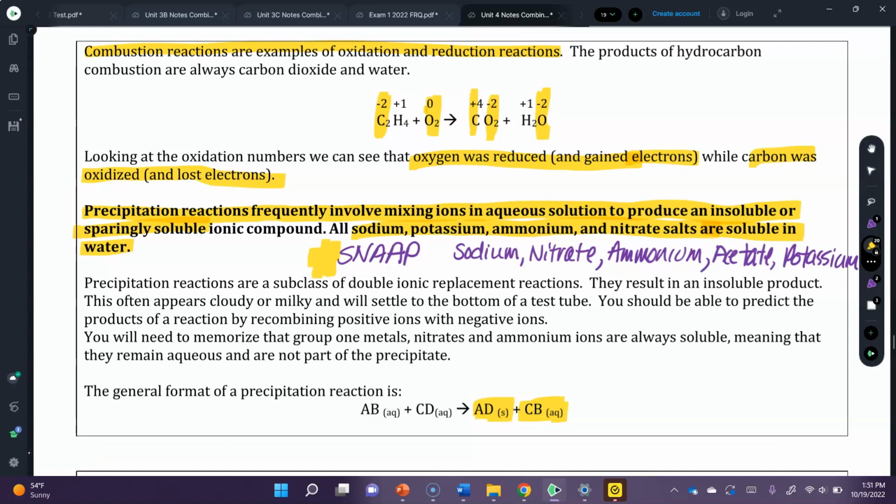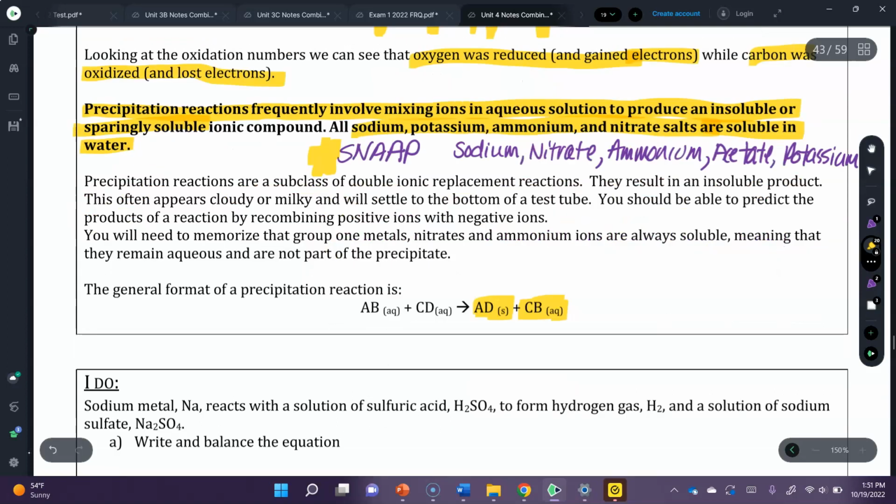They will tell you solid lead iodide is produced. Now you would need to know naming rules and be able to write that equation. But they would give you enough clues so you don't have to memorize what would precipitate. You just need to remember what will always dissolve.